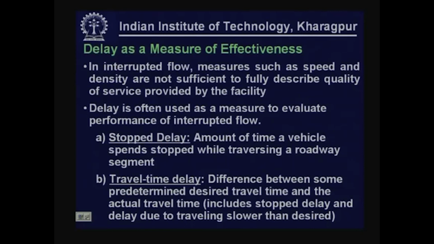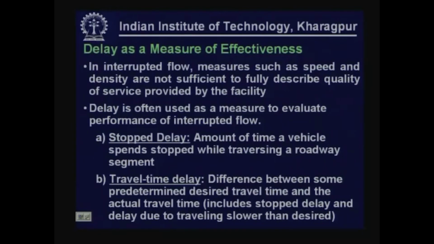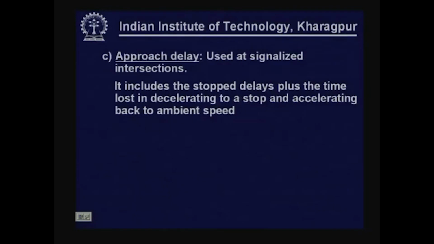So, we use different forms of delay. Stop delay is the amount of time the vehicle is stopped while traversing a roadway segment. For travel time delay, we take a reference of the desired travel time, maybe what is desirable considering a high speed, and then whatever actual time the vehicle has taken. If you take the difference, you get the travel time delay.